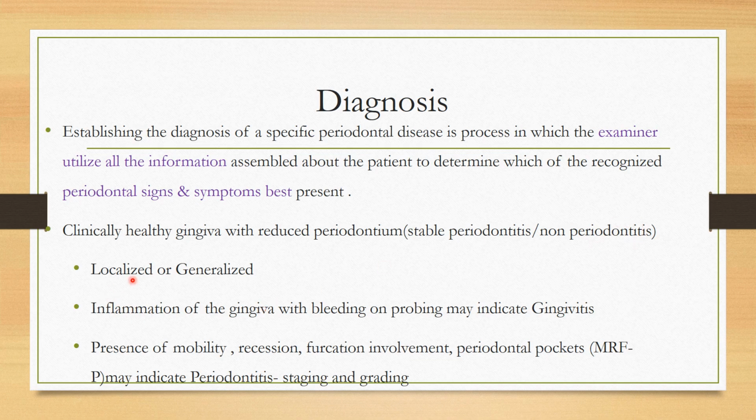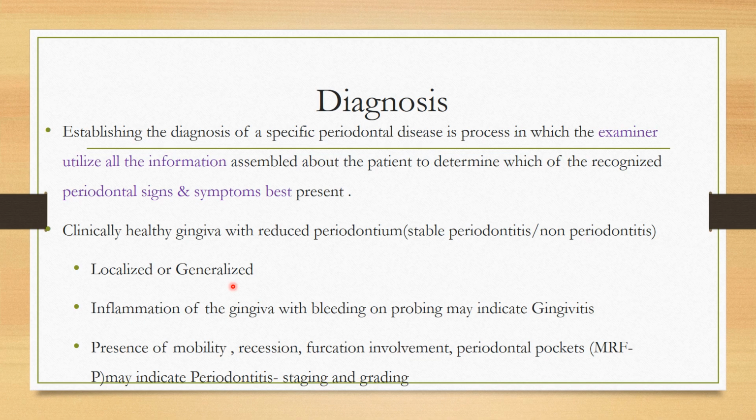It can also be categorized into localized or generalized gingivitis or periodontitis based on the sites involved: localized if less than 30% of sites are involved, generalized if greater than 30%.